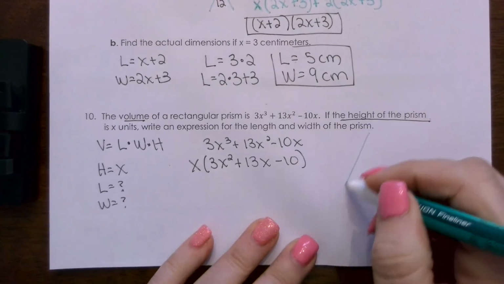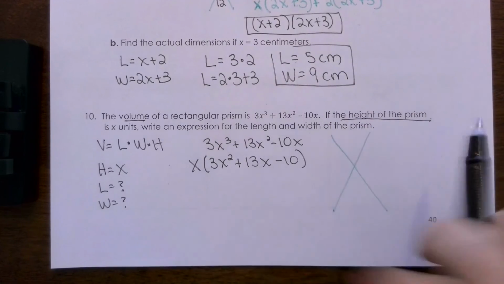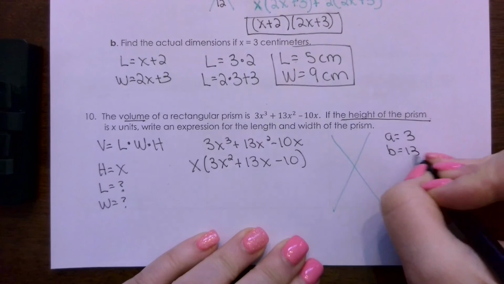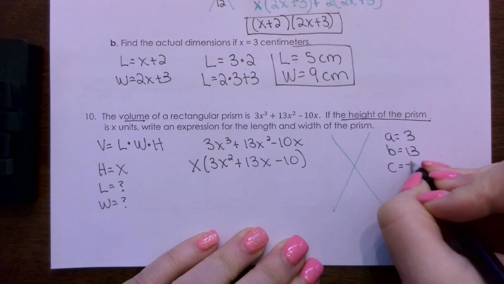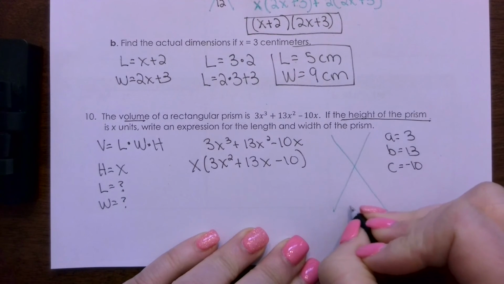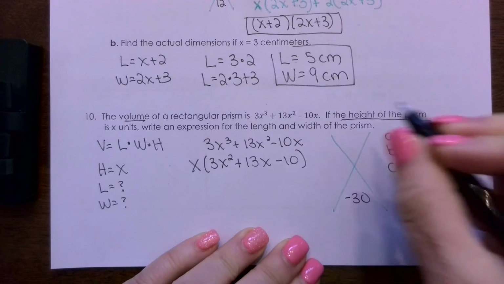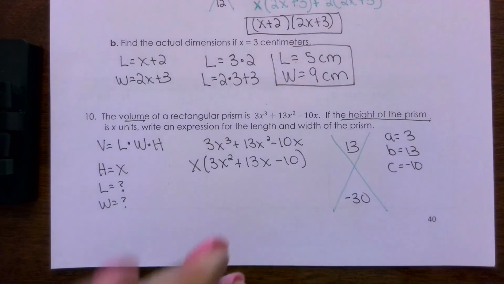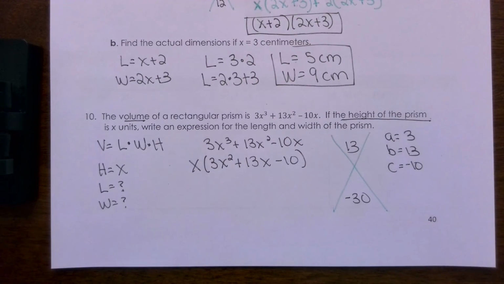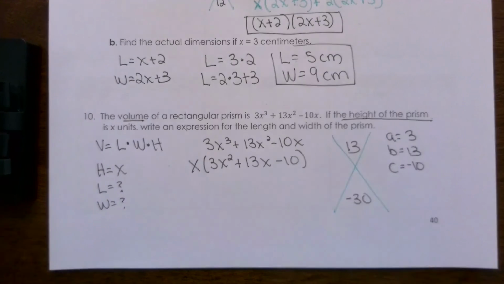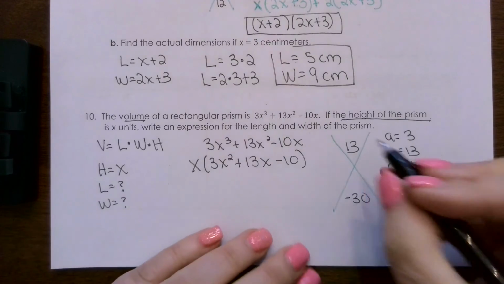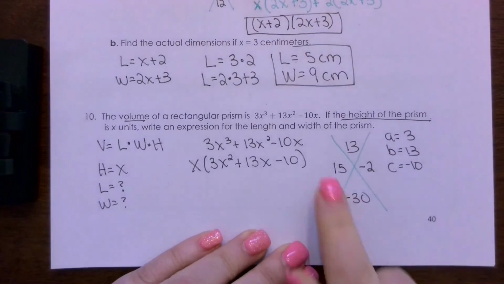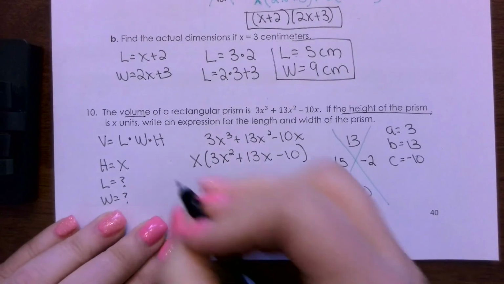So I'm going to draw my big X. I'm going to identify A as 3, B as 13, and C equals negative 10. 3 times negative 10 is negative 30, and B is 13. Thinking about my factors of 30, 1 times 30, 2 times 15. 15 minus 2 is 13. So if I have a negative 2 and a positive 15, I've got factors that work.